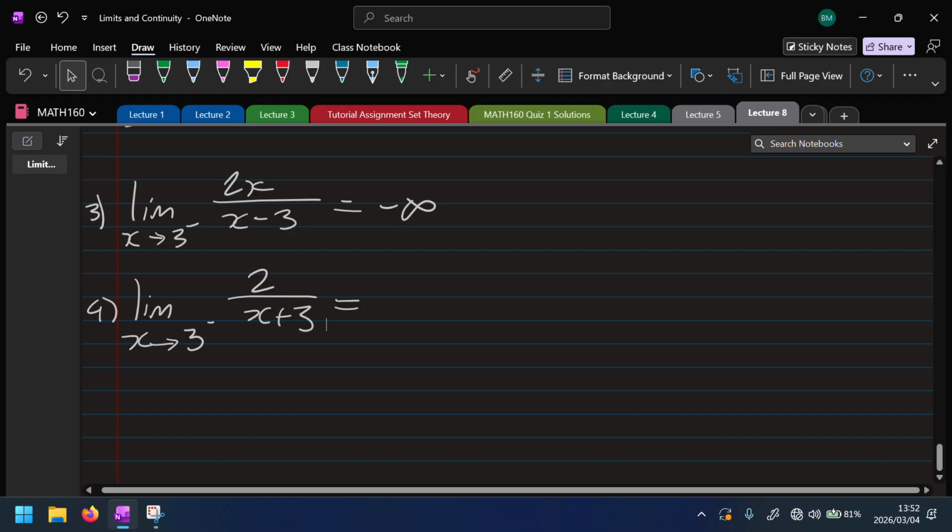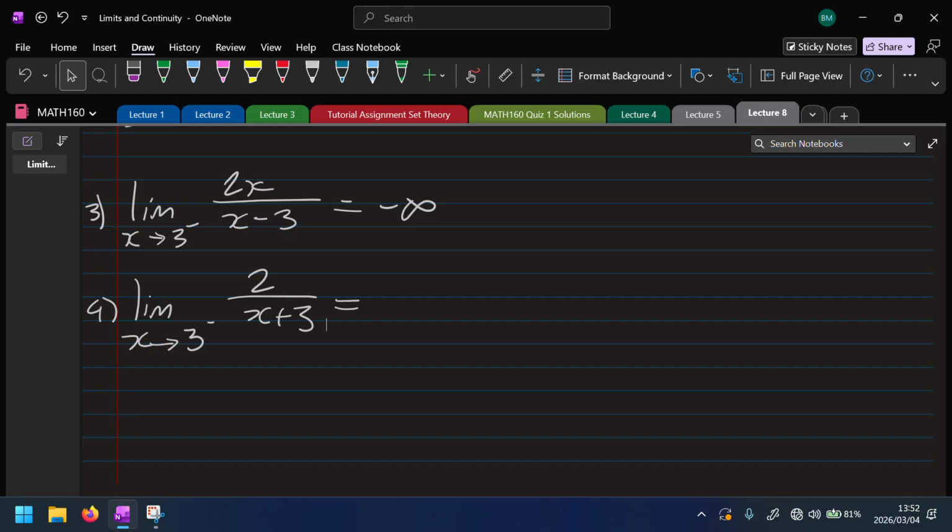We have x going to 3 minus, something slightly less than 3. So we have 3 plus something slightly less than 3, so it's something slightly less than 6. In the limit, it won't be slightly less than 6. It will be 6. That's the limit.